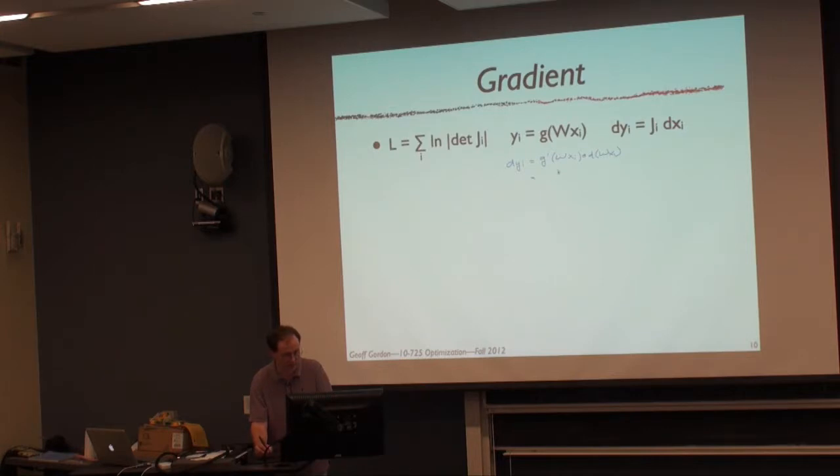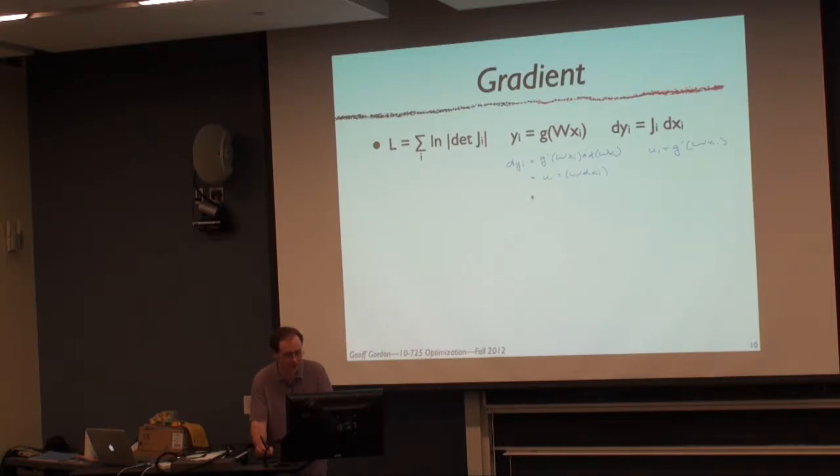Let's write then. We'll call u_i, so here we'll define u_i equal to g'(Wx_i), right? And here then that's u_i Hadamard product with W times dx_i, right? And if we want to get rid of the Hadamard product, well, the Hadamard product is just a diagonal matrix with u on the diagonal times this thing, right?